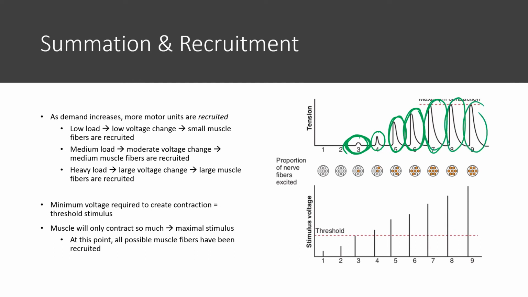There's going to come a point where all the potential muscle fibers that can participate in contraction are participating in contraction. So then it doesn't matter how much more after that point you crank up the voltage, you crank up the electrical force, your muscle isn't going to contract more. You only have so many fibers. This is called maximal stimulus.